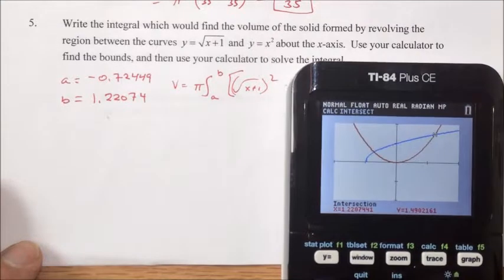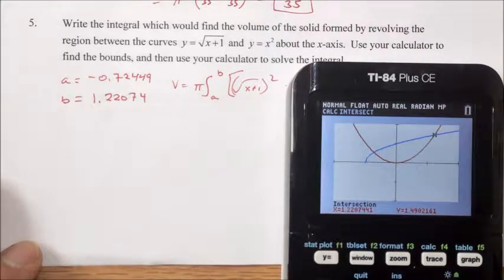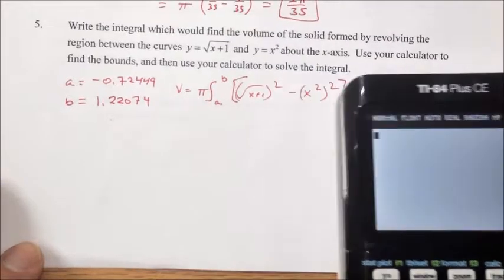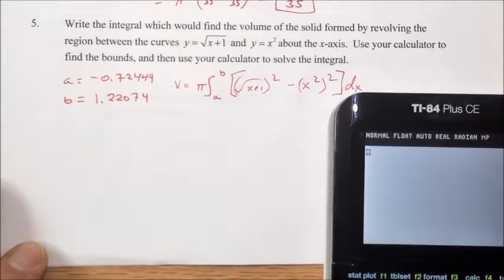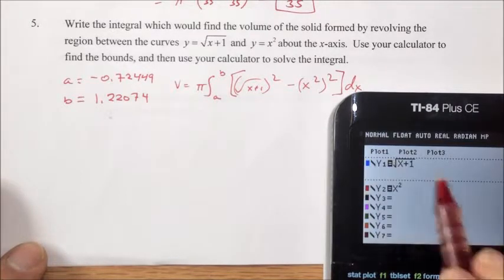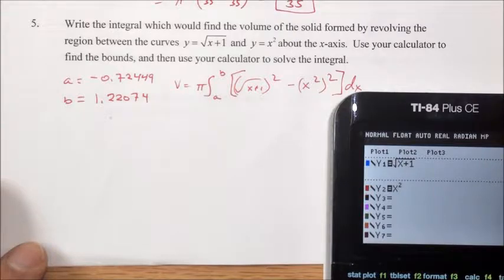So now we bring in our calculator to let it do the work. We're going to go to the main screen, and we need math. Actually, we need pi first. So second exponent gives us a pi, and then math 9, and we have negative 0.72449, and that's going to go till 1.22074. And if I go to y equals real quick, I see that the square root of x plus 1 is in my y1.